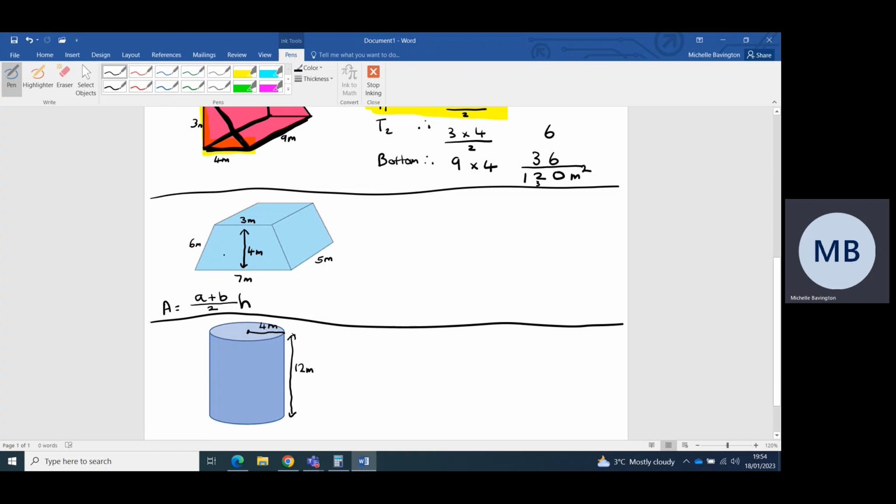So we've got the front here. Got the front, and the back will be the same. The front and the back. So the front is A plus B, okay, divided by 2 times height, twice.